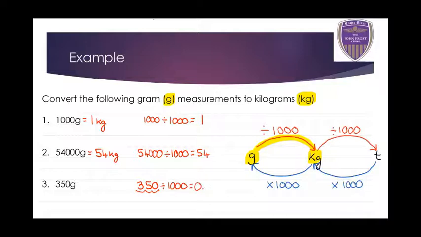So it'd be 0.350, okay? So 350 divided by 1,000 is 0.35. We don't like the 0, so it's just 0.35. Therefore, 350 grams equals 0.35 kilograms. Okay, so pause the video and copy these examples down, please.